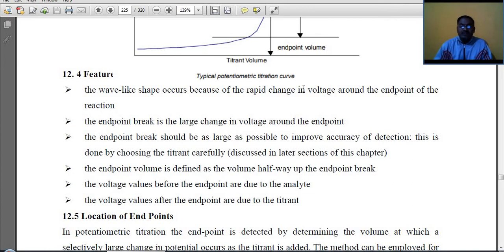The endpoint volume is defined as the volume halfway up the endpoint break. The voltage values before the endpoint are due to the analyte. The voltage values after the endpoint are due to the titrant.